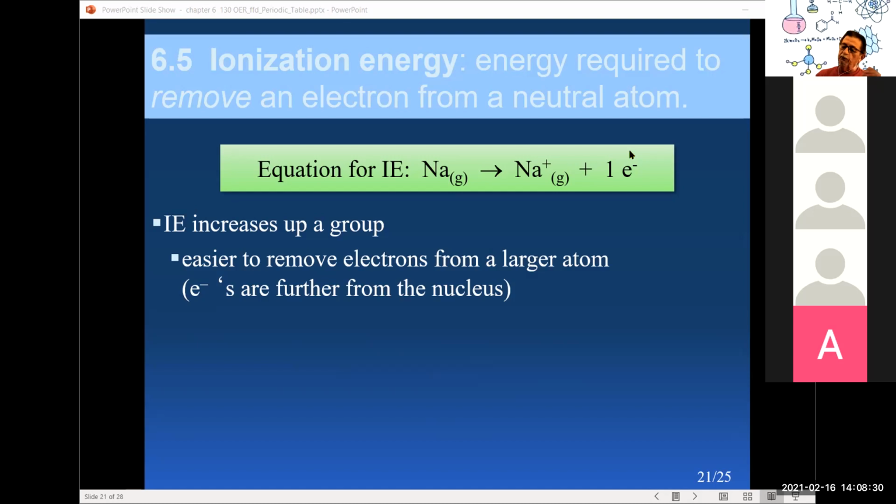We can predict that metals will have a lower ionization energy than nonmetals. Why? Because metals have a tendency to readily give up their electrons, whereas nonmetals want to hold on to their electrons and gain electrons. So they're holding on to electrons much tighter, and the amount of energy required to pull one out will be much greater.